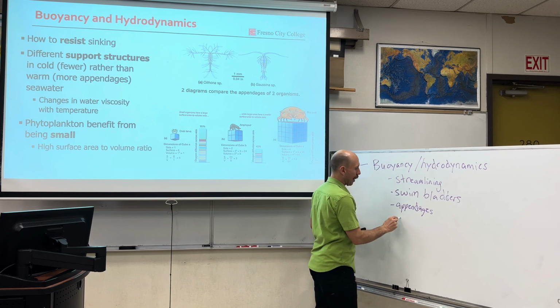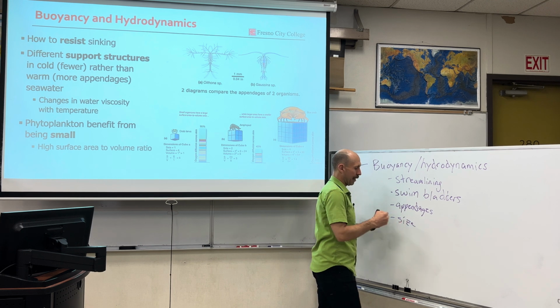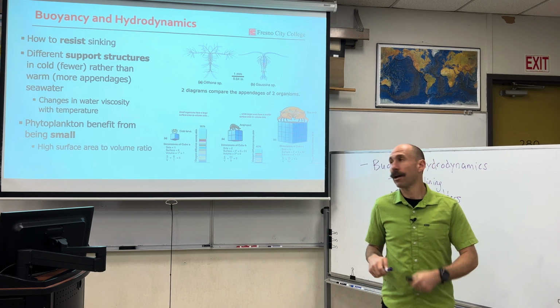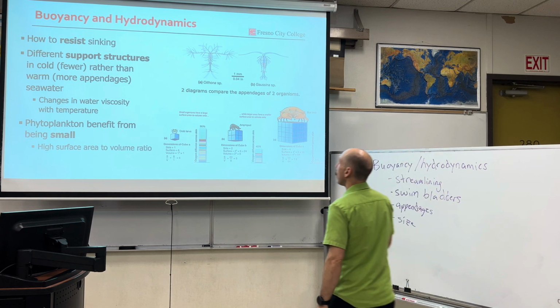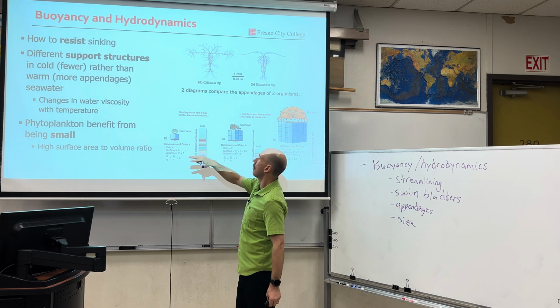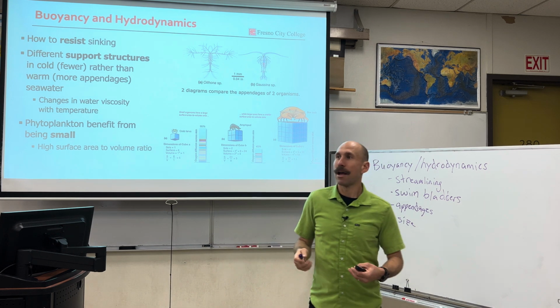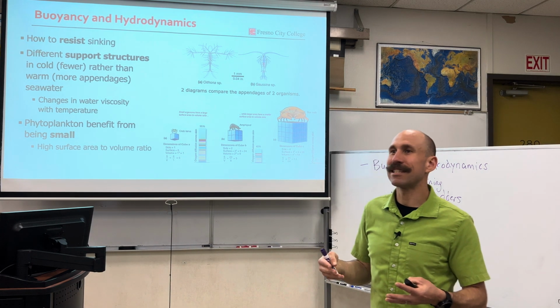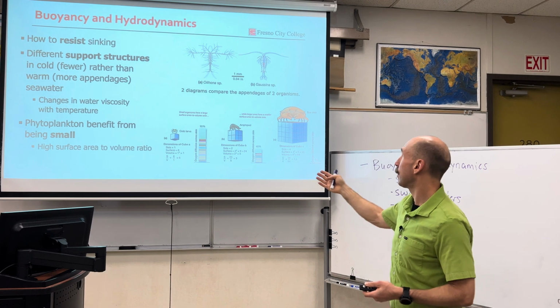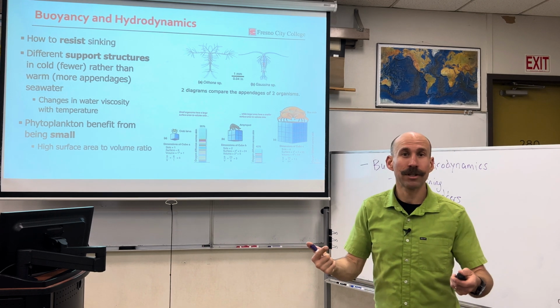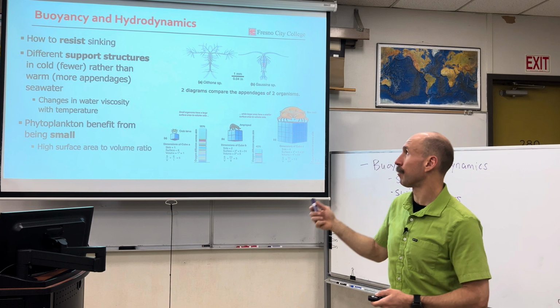And then they also have various size. So some organisms grow big and streamlined. Some organisms are really small. Their smaller size creates a much higher surface area to volume ratio, making them more resistant to sinking, giving them the ability to float. That's the whole classification, the marine floaters.